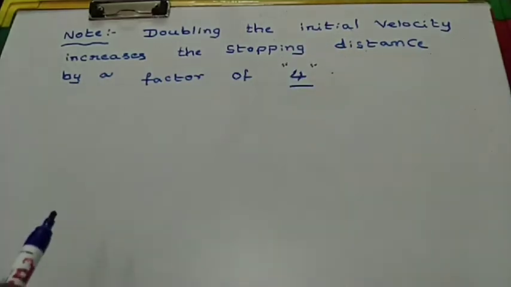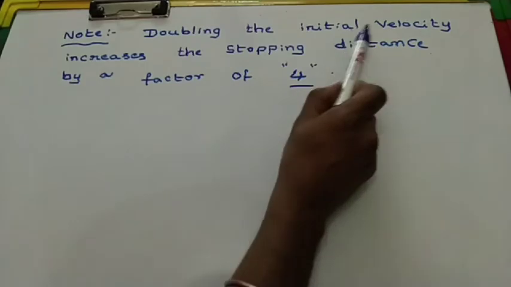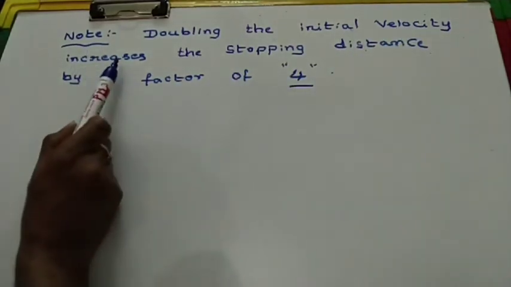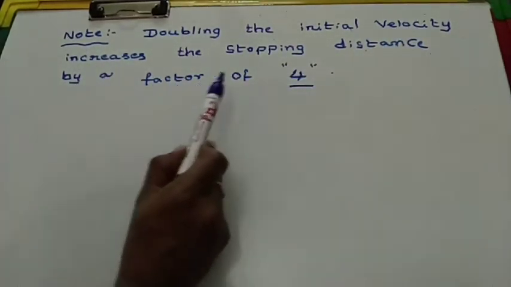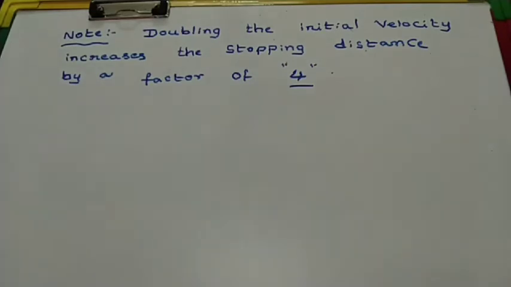Once again I am repeating this point. Doubling the initial velocity increases the stopping distance by a factor of 4. This is the important point.